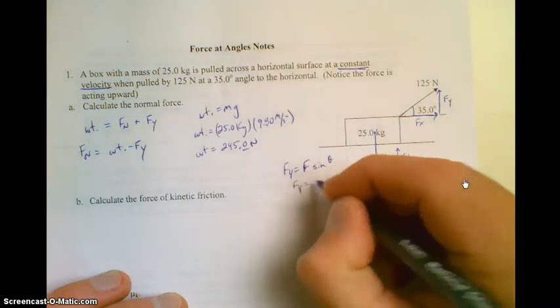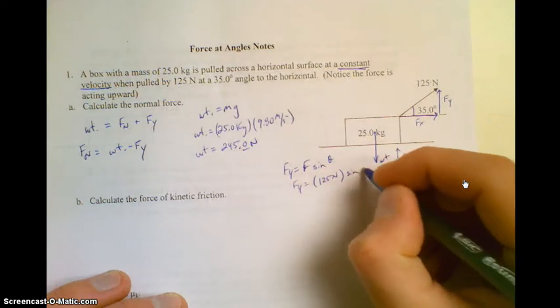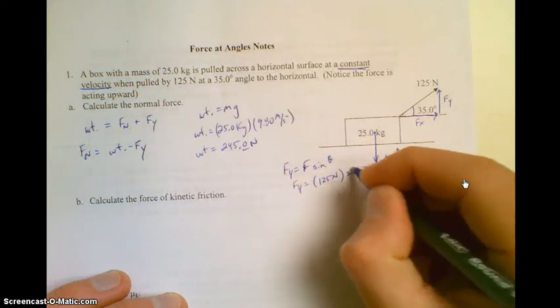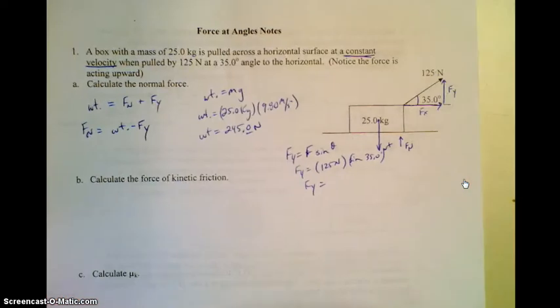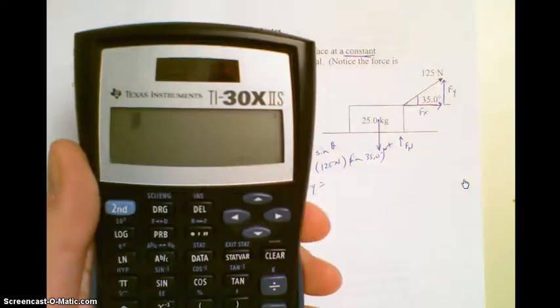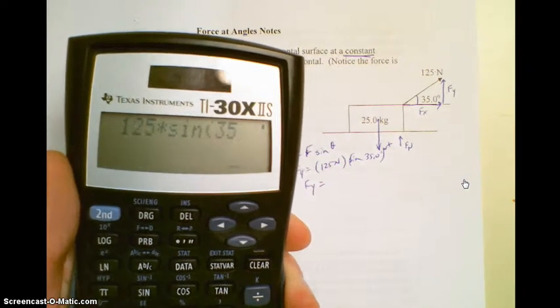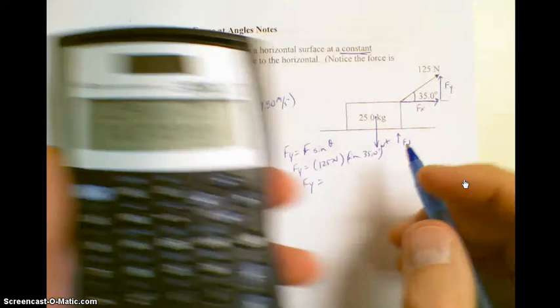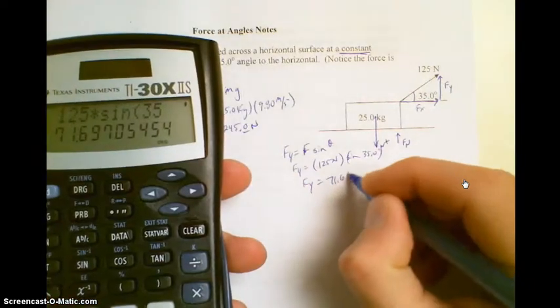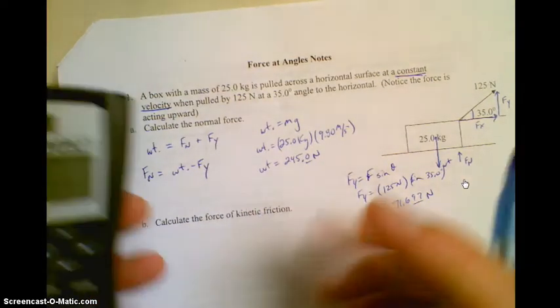So Fy equals 125 newtons times the sine of 35.0 degrees. And I get 71.697 for my Fy, and I can plug those two values in up here.